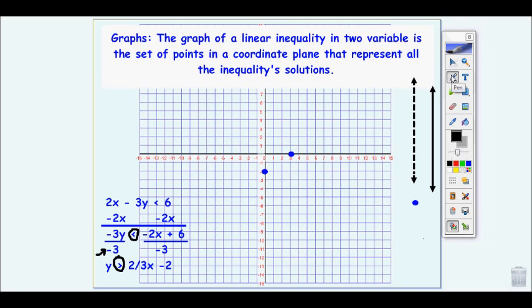My y-intercept was at 0, negative 2. And then applying the slope, my x is 3, and my y this time is 0 because I'm right on the x axis.